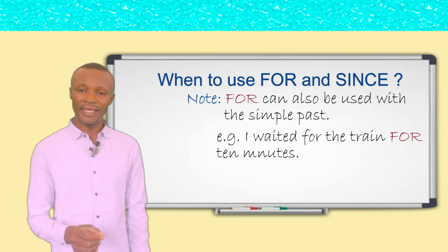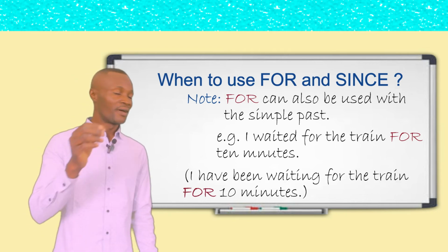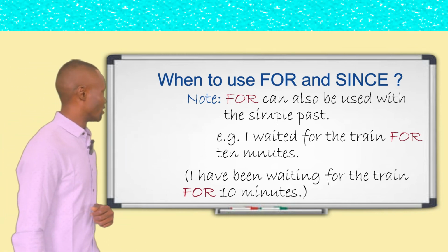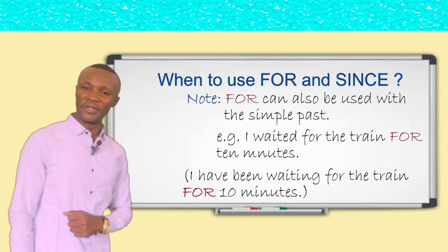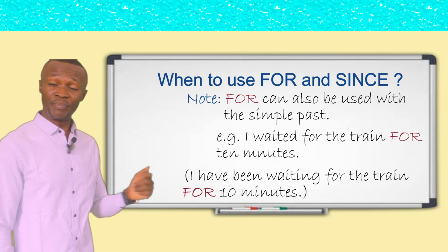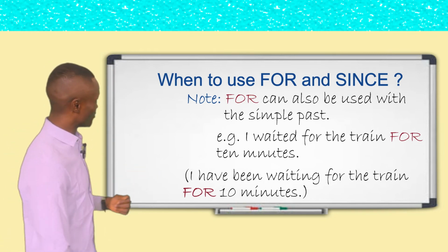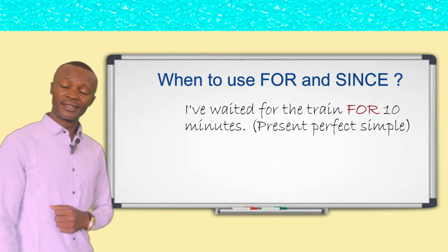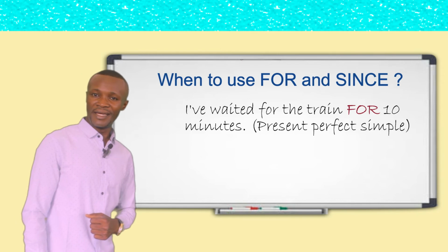But I can also say, I have been waiting for the train for 10 minutes. This is a present perfect continuous. I can also say, I've waited for the train for 10 minutes. Present perfect, simple.